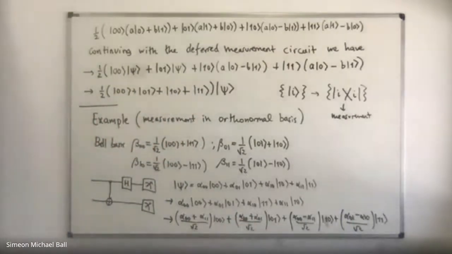Okay? What we want to do is map the Bell states to the subindices. Like map beta 0,0 to 0,0 with probability 1.